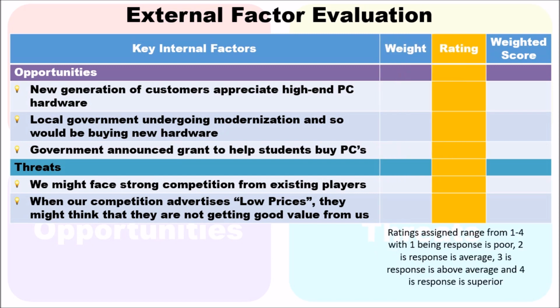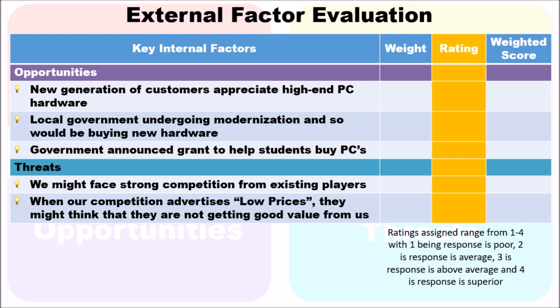Then we have the ratings. Now the ratings are assigned from 1 to 4. Since we are talking about the external factors, the opportunities and the threats, when an organization or an individual is exposed to external factors, they respond.